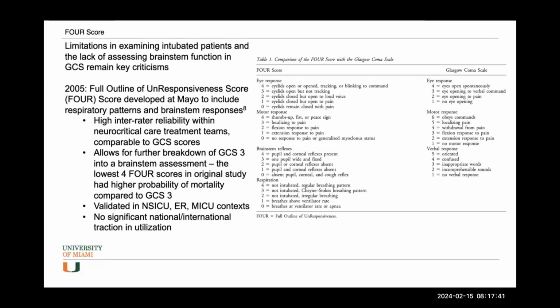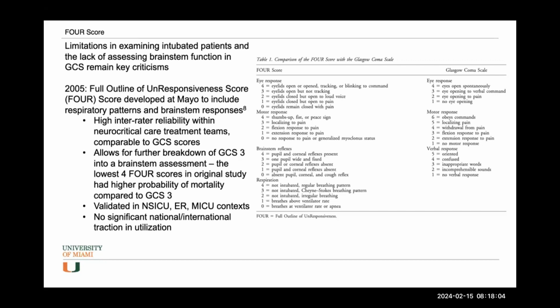In looking at the FOUR score, they looked at eye response, motor response, variability in the brainstem reflexes, and the respiration patterns of the patient, even while on a ventilator. And they found that they had a high inter-rater reliability within neurocritical care teams and MICU teams, comparable to GCS.